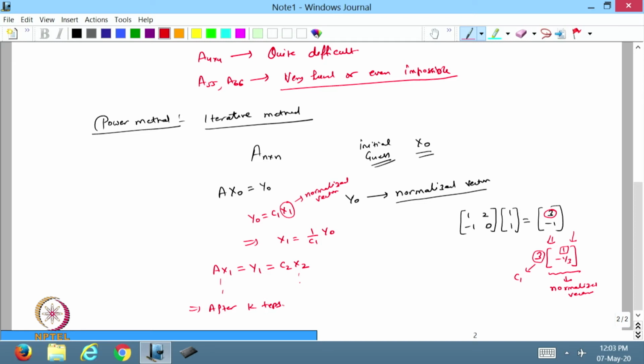After one step I get A x naught equal to c1 x1, after 2 steps I get A x1, and after k steps I get A x(k-1), which can be written as ck xk. You have to keep in mind that this is a normalized vector. This is also a normalized vector.